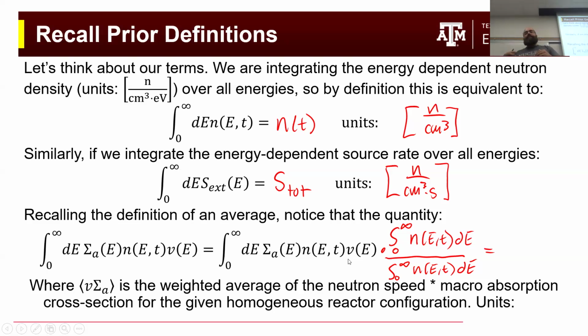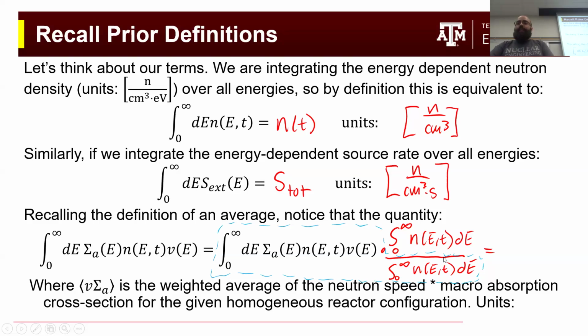But then I can look at the original term and what I've put in the denominator, and I can realize that, let me do a different color. If I pick out that term, I've got a cross section times a speed times that neutron density integrated over all energies, and then I'm dividing by just the neutron density integrated over all energies.